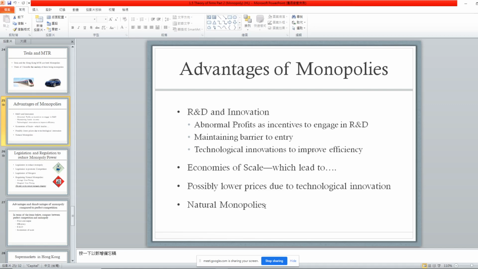You don't have any duplicated resources, or your market share split between different competitors so that you cannot fully utilize your economies of scale. And this is how you can argue.